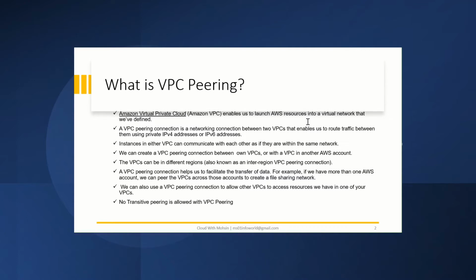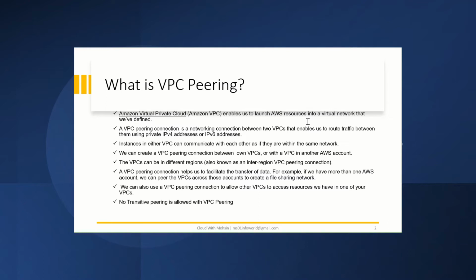In that case, we can make use of a VPC peering connection. It uses IPv4 and IPv6 private IP addresses to connect. It's not going to use public IP addresses.